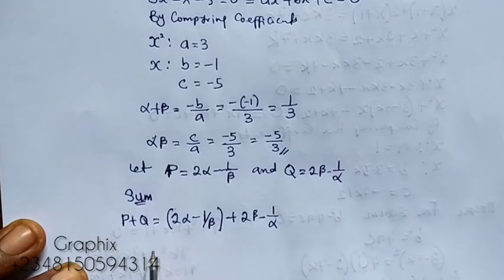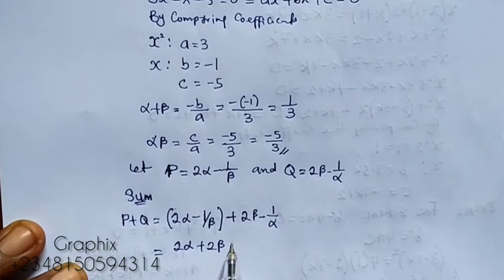Now this will give us 2 alpha plus 2 beta minus 1 over beta minus 1 over alpha.